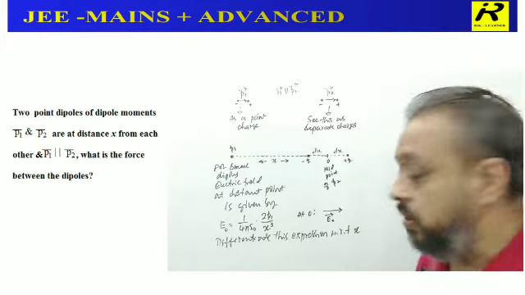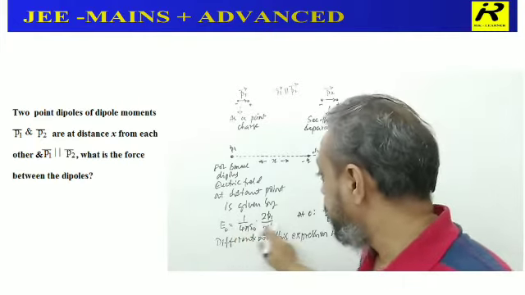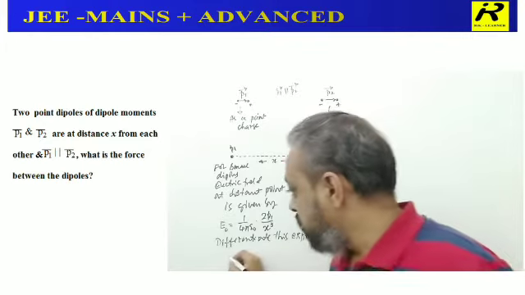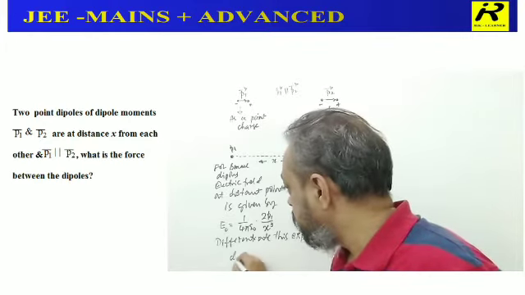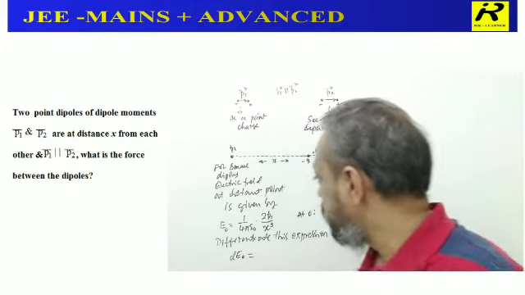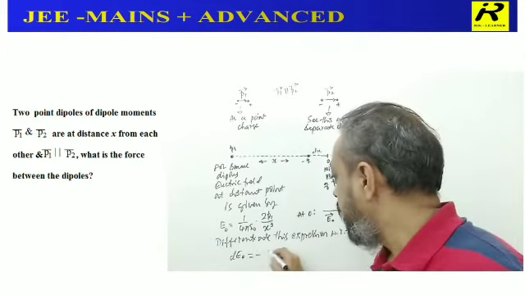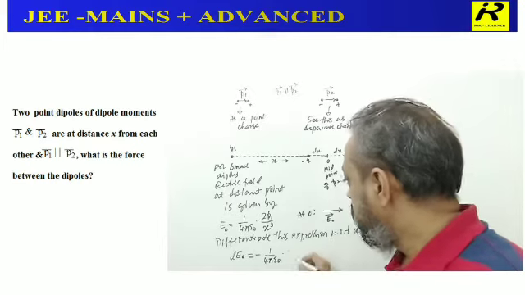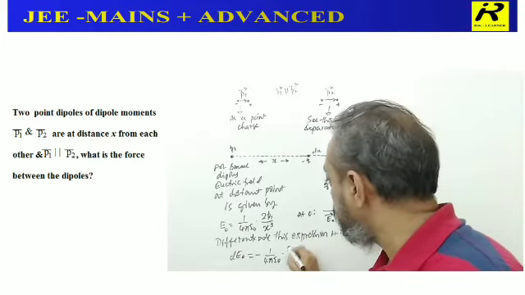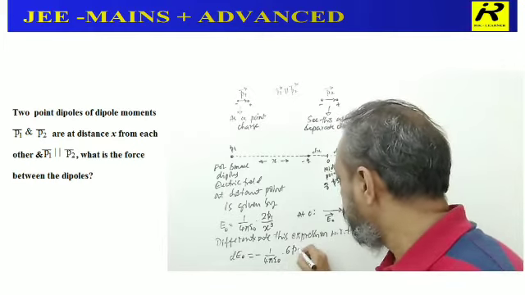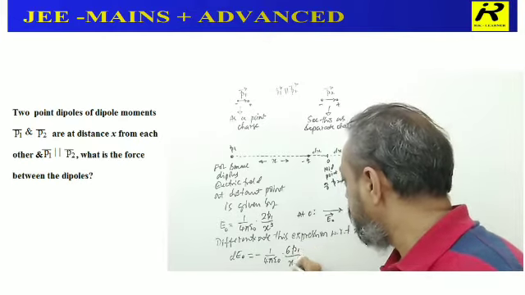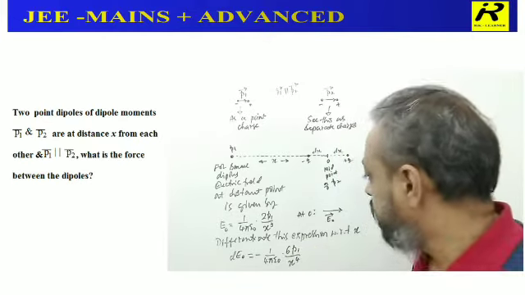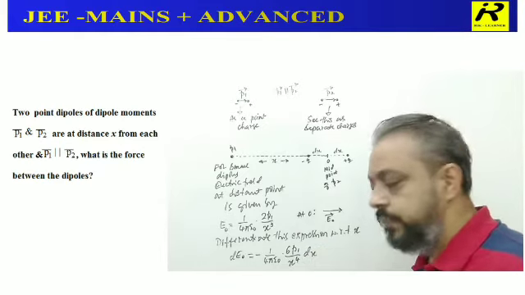When I do the proper differentiation, it becomes minus 1 by 4 pi epsilon O into 3 into 2, that is 6 P1 divided by x to the power 4. This will be the result along with dx.